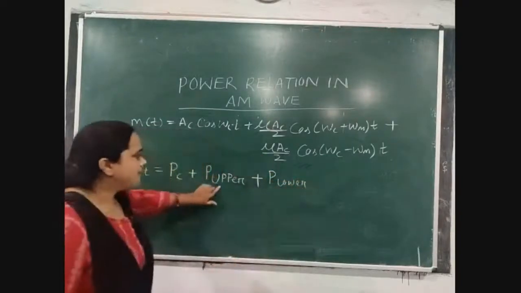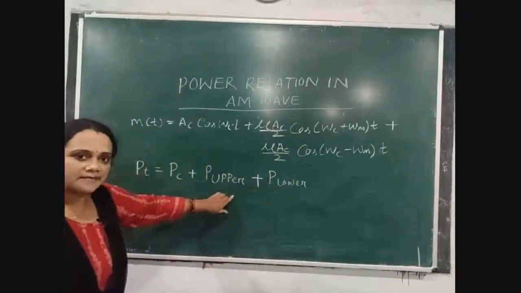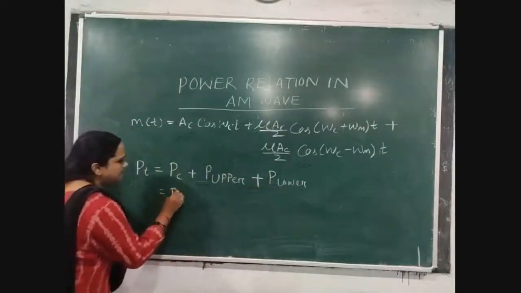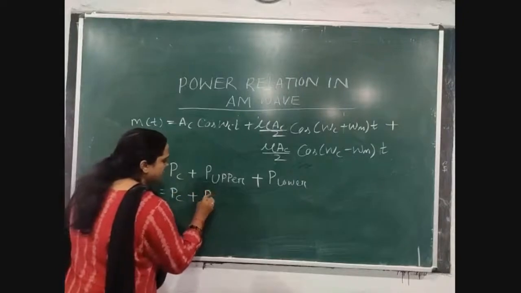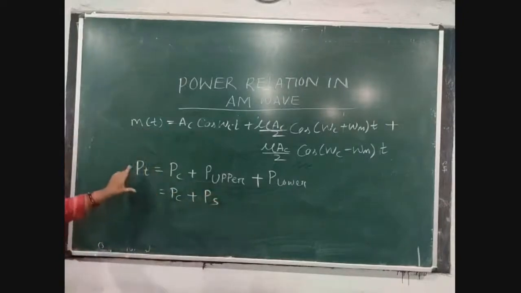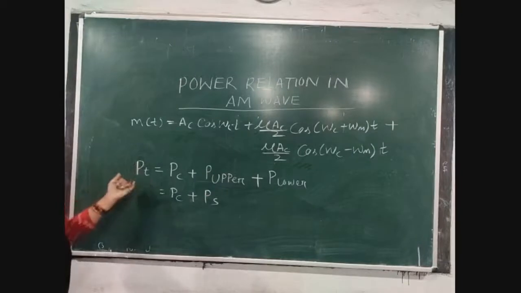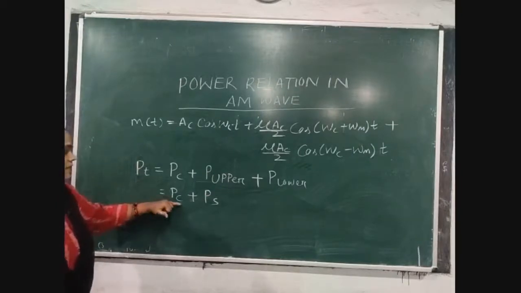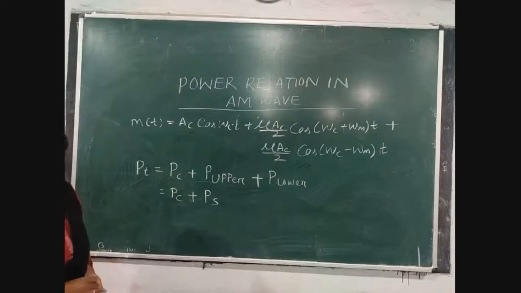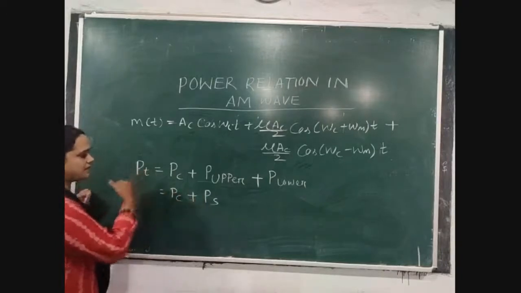Combinedly we can write the side band power, so PT equals PC plus PS. We have to find the value of PT, and before that we have to find the values of PC and PS, that is, the power of the carrier and the power of the sideband.